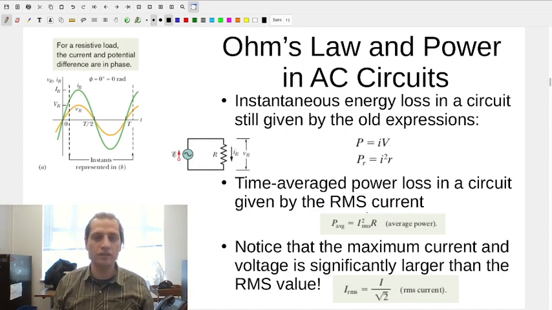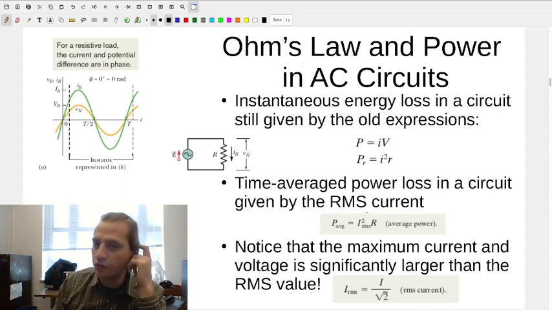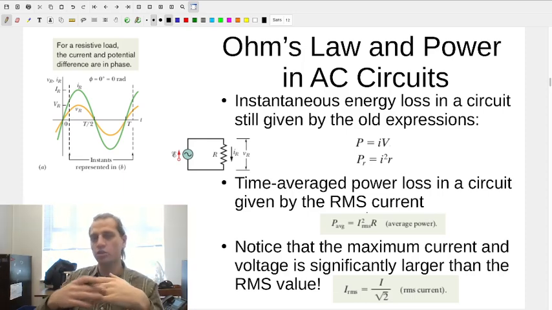Like in a standard outlet, you're getting the 60 hertz. So you're getting 60 cycles a second where your current is changing directions. So it's not useful to think about what's happening in 1/60th of a second. It's useful to think about what's happening in a couple seconds.